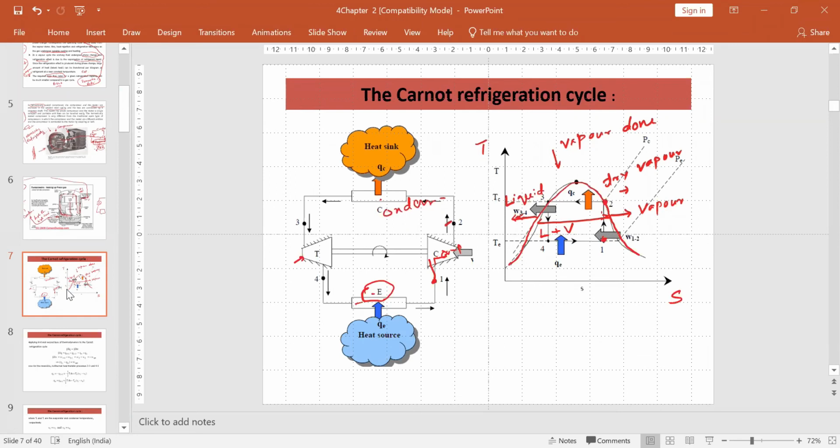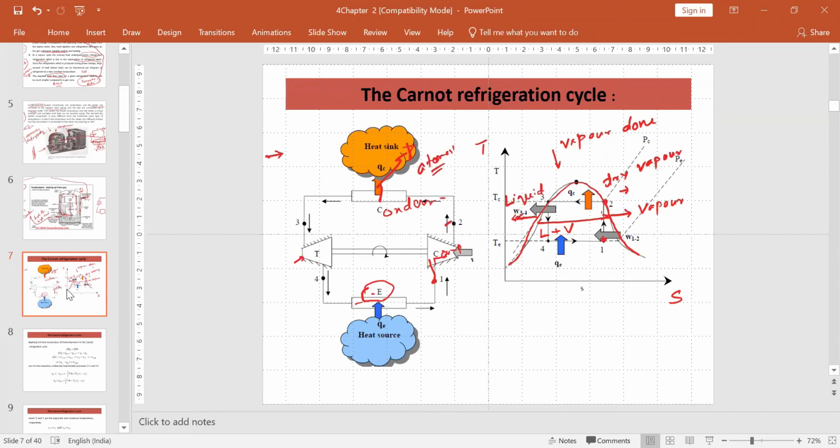After that, it enters the condenser. So heat is rejected to the other medium. In your domestic refrigerator, this other medium is the atmosphere, air. That is why at your backside you should keep a distance of around 1 foot from any obstacles.